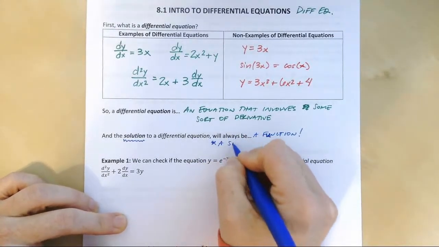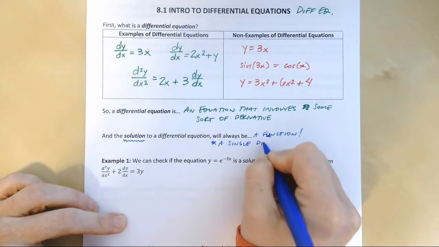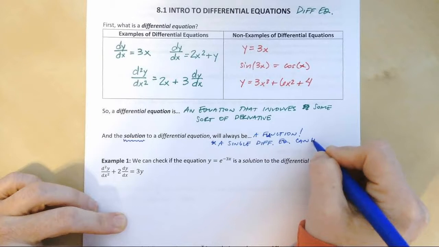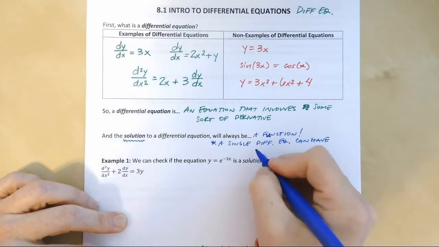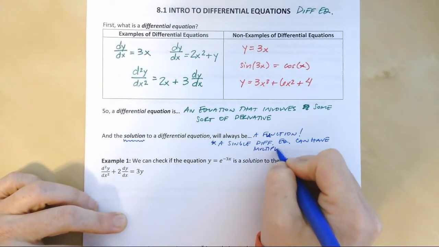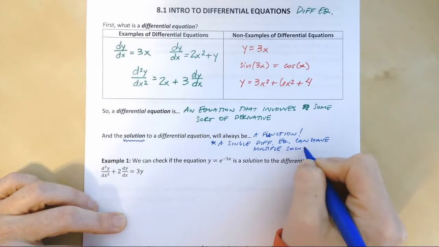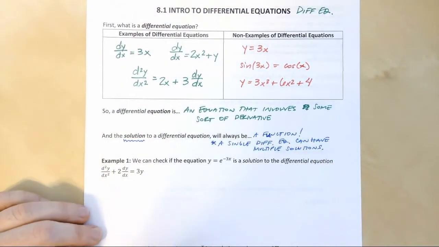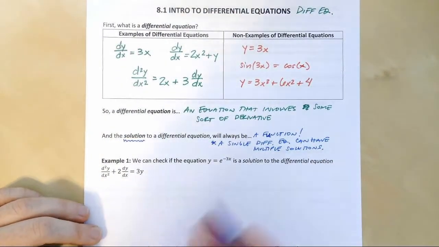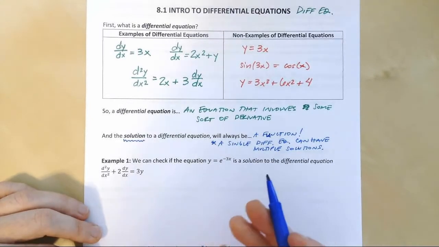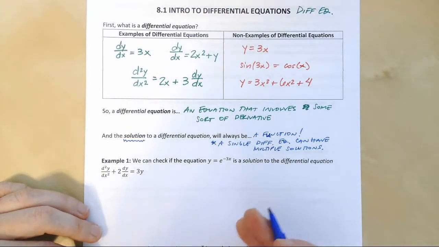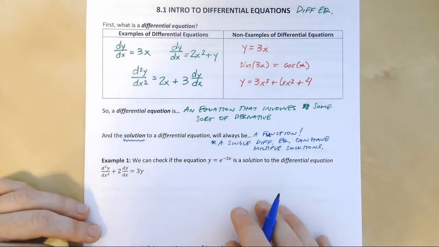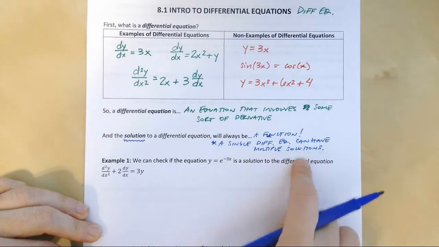A single Diffie-Q, or a single differential equation, can have multiple solutions. So this is a little different than what we're used to. A lot of equations that we're used to, when we solve them, we get one solution, like x equals something, or y equals something, and that's true for eternity. That equation has one solution. Differential equations can have multiple solutions.